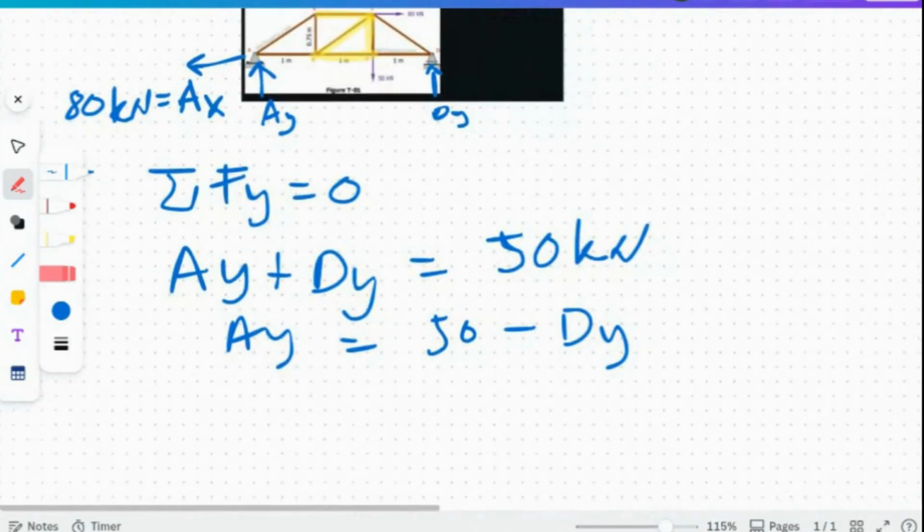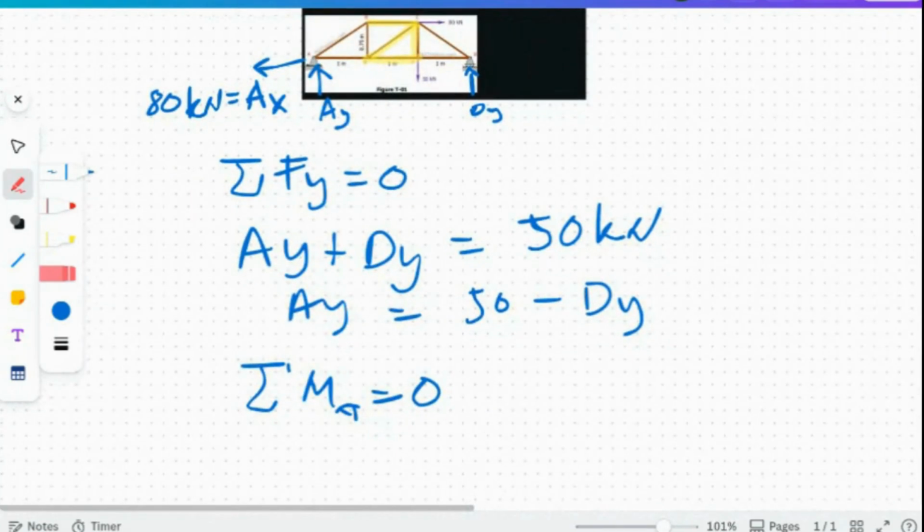Now you want to know, how do I solve for DY? You can't practically solve this yet, DY is an unknown. You have to sum up moments at A equal to 0.